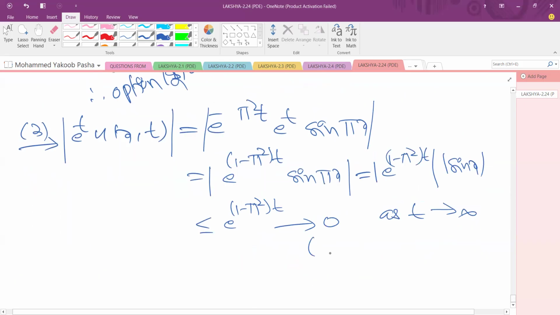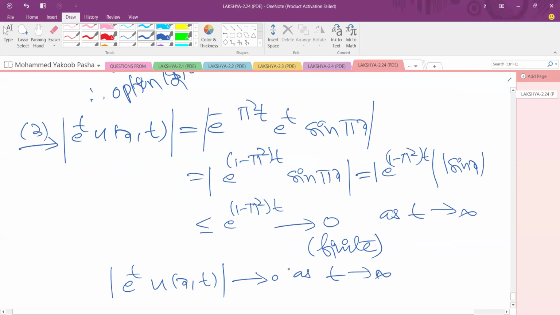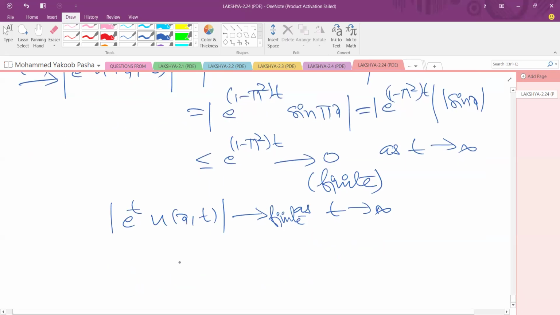0 means what? It is a finite value. What is my finite value? Modulus of e power t into u of x comma t tends to a finite value as t tends to infinity. Therefore e power t into u of x comma t is bounded.